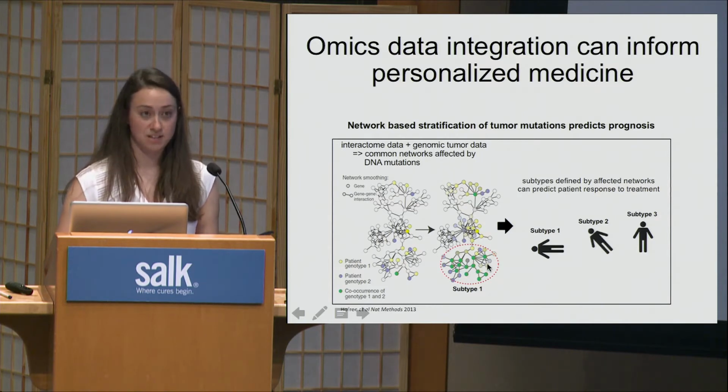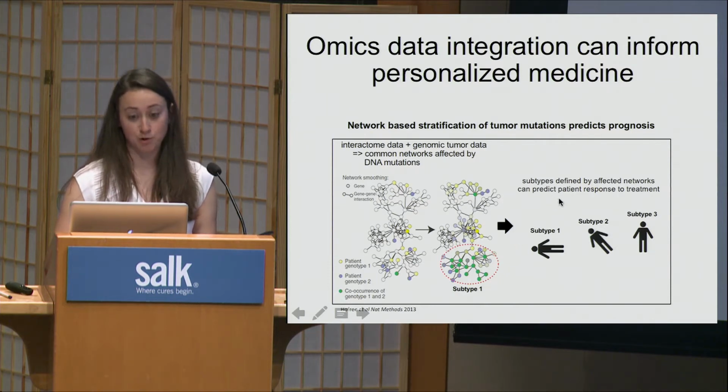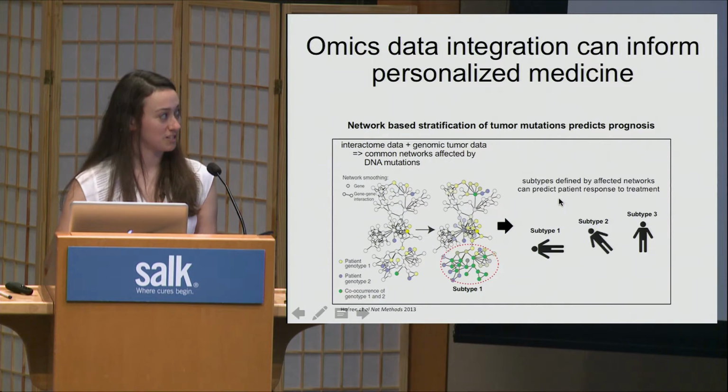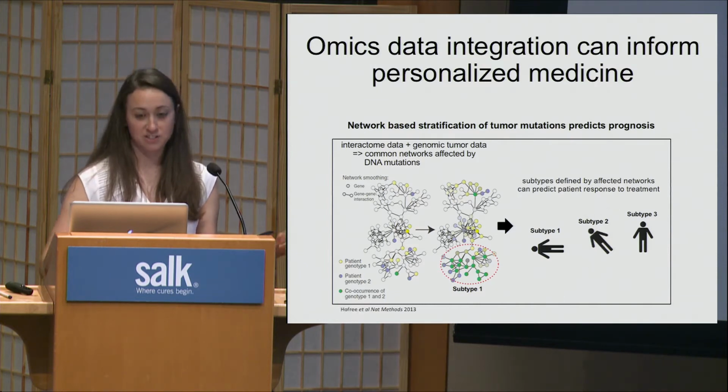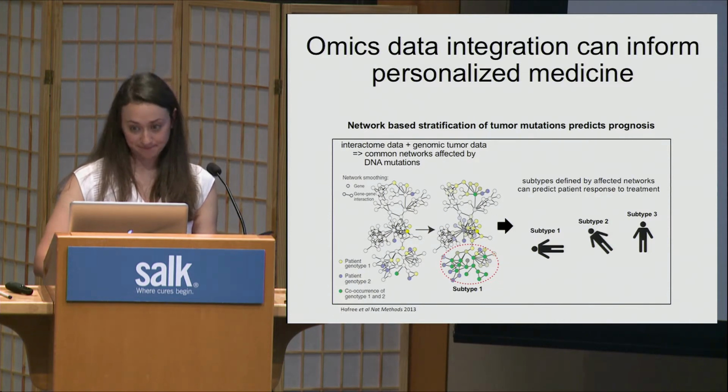And when they classified the patients by these different subtypes, they found that the different subtypes could actually predict how the patients responded to different treatment or how the patients would survive. So you can see how this kind of data integration can be powerful in things like personalized medicine.